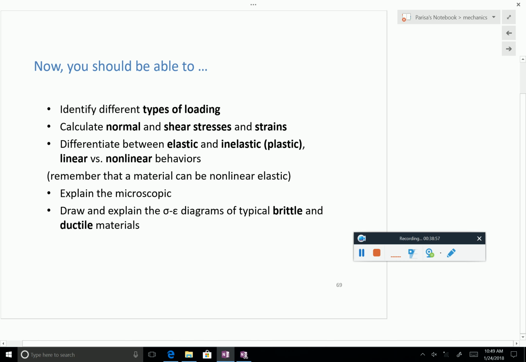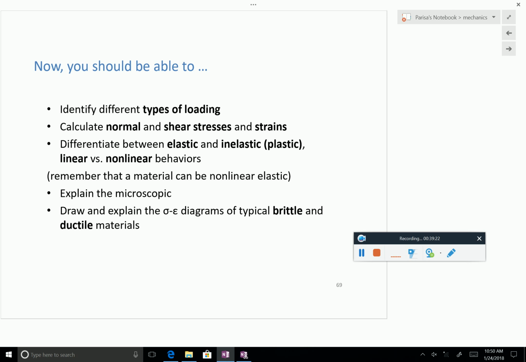Now, we achieved our goal. We are finished with this package. Remember, at the end of each package, I want you to think about things you've learned and try to write a few things to each bullet. For example, types of loading. How you would calculate normal and shear stress and strain.